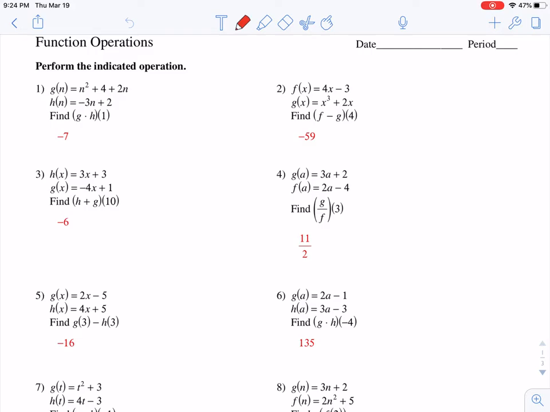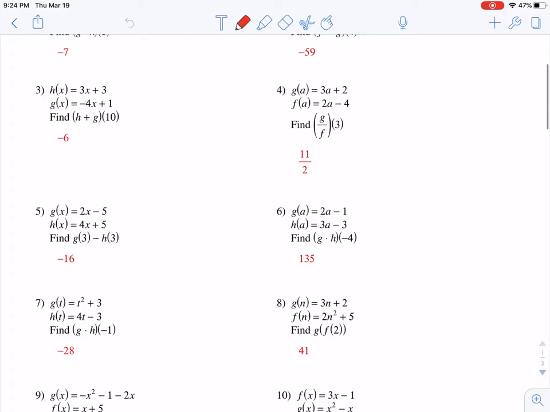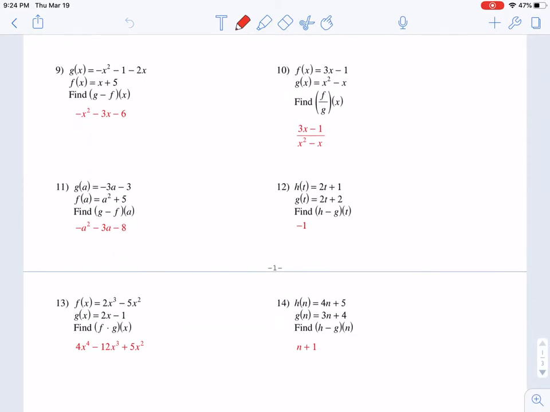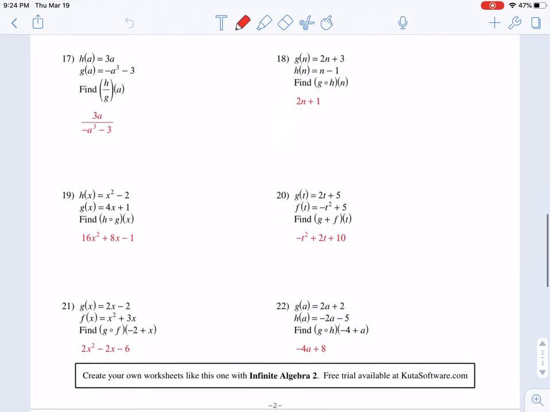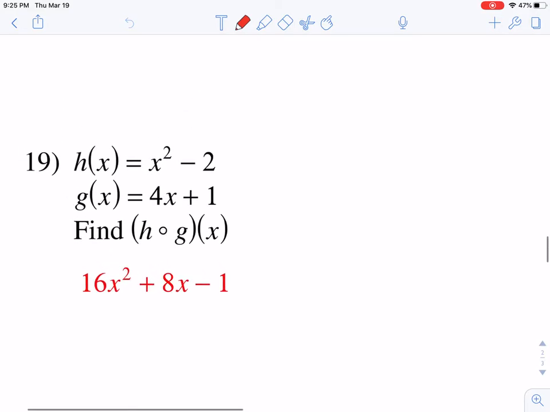A couple of issues that I have seen so far would be numbers 19 and 21. Those are my main ones, so I'm going to walk through those just because I'm seeing that a lot. So 19, we've got h of x and g of x, and we want to find h composed of g of x. Remember, what that's really asking you to find is h of g of x.